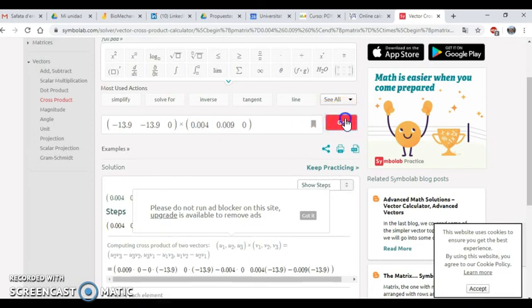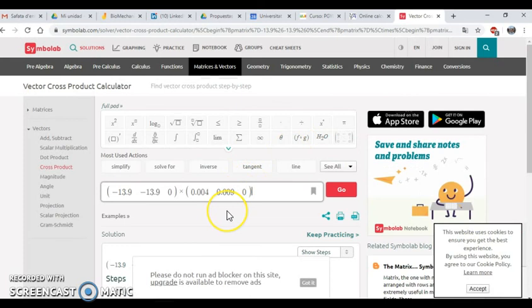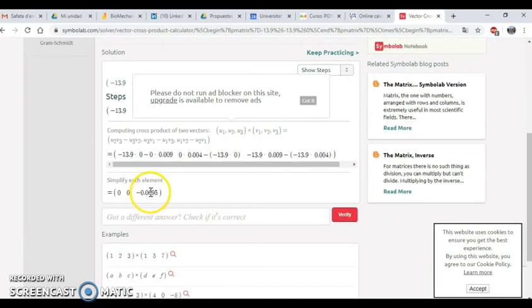If we go on, the solution has the opposite sign. So be careful with that, be careful with that.